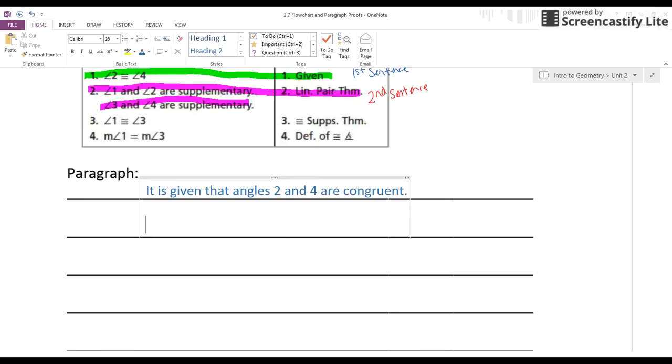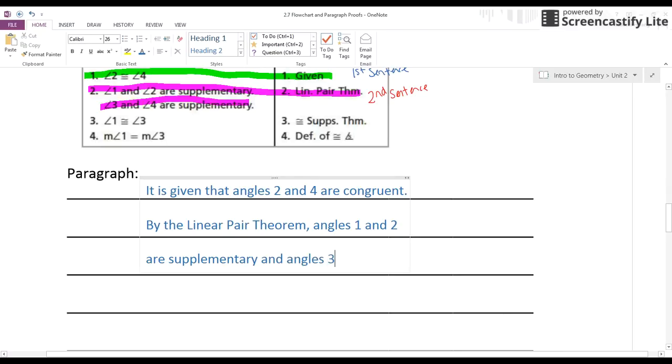Then you can say, by the linear pair theorem, angles 1 and 2 are supplementary. Oops, get rid of that capital A. And angles 3 and 4 are supplementary. Right? So again, what the statement is and how do we know that?